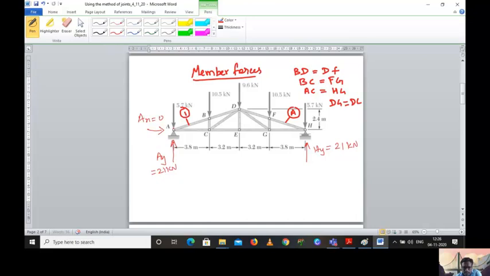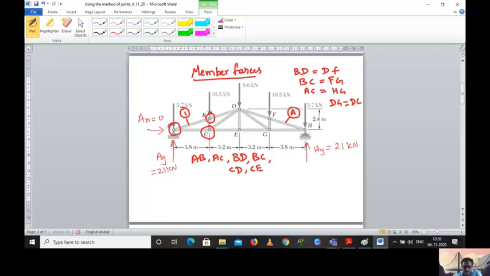So in this problem I am going to consider joint A, joint B, and then joint C, so that I can calculate the forces on AB, then the forces on AC, then BD, then BC, and then CD, CE.